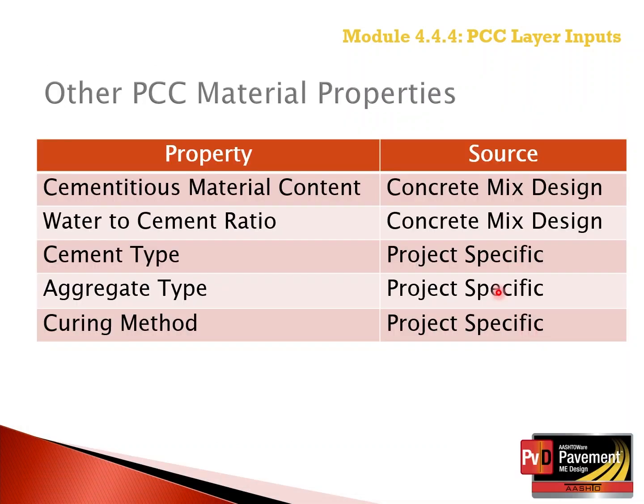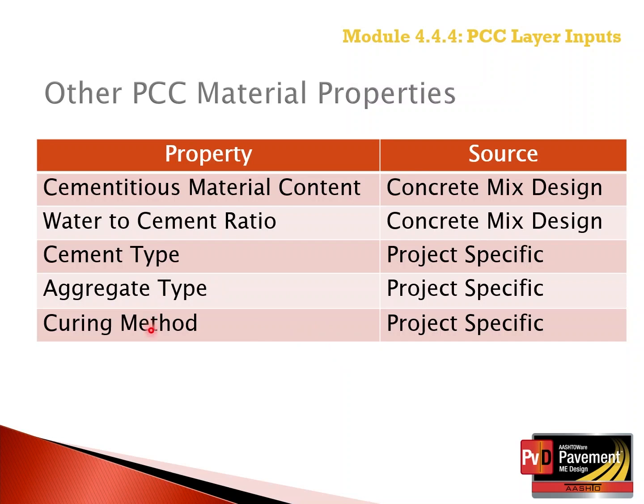The other PCC mixture properties are listed on this slide and are typically project specific. The input variables are also location and mixture specific. These include the cementitious material content, the water cement ratio, cement type, aggregate type, and the curing method that is used.